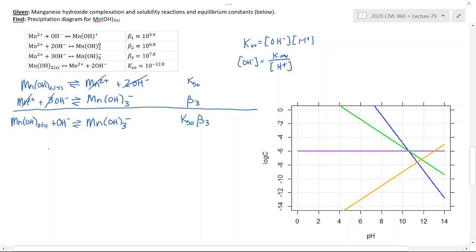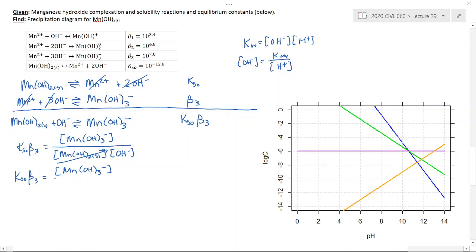Now I'm going to write out the mass action or equilibrium equation for this reaction. I have KSO times beta 3 is equal to the manganese hydroxide complex over the manganese hydroxide solid times hydroxide. Next, I'll make a substitution for the hydroxide, and the solid is 1, as is our convention in these systems.